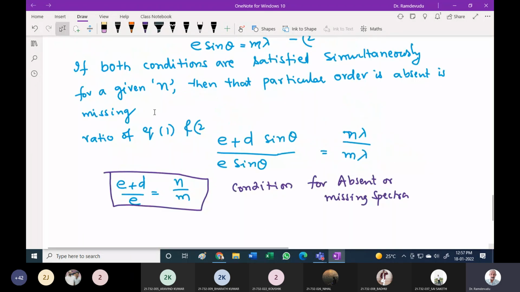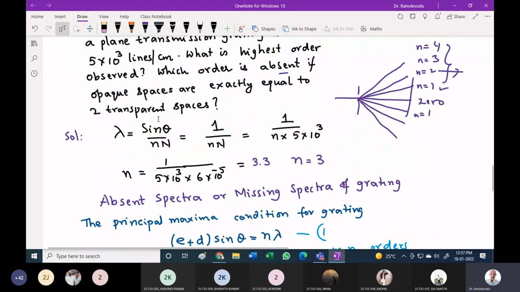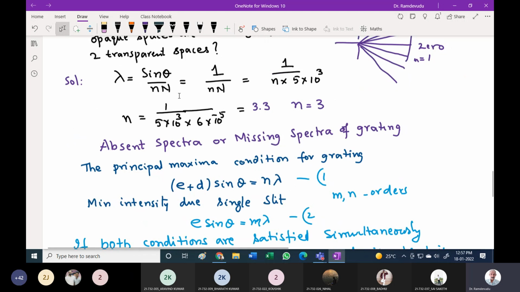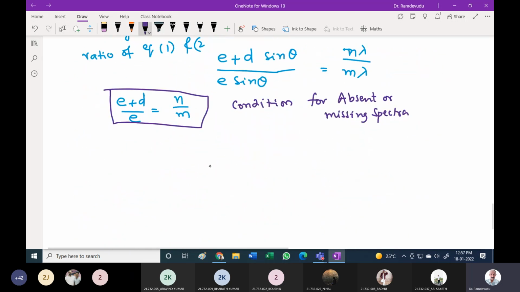Now go to the problem. What is it asking? Which order is absent if the opaque spaces are exactly equal to the transparent places? You know, e is the slit width, that is transparent.